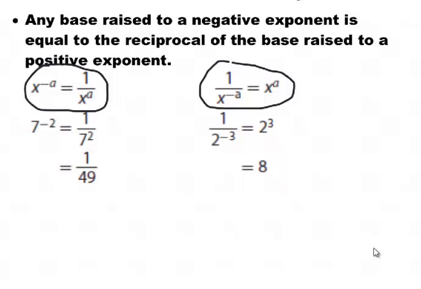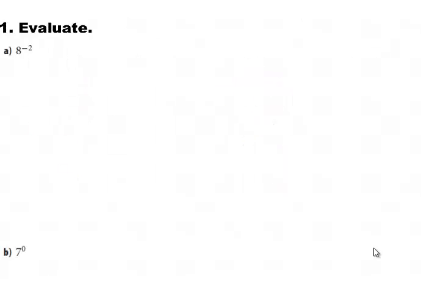Or 1 over 2 exponent negative 3 is the same as 2 exponent 3, and 2 exponent 3 is equal to 8.